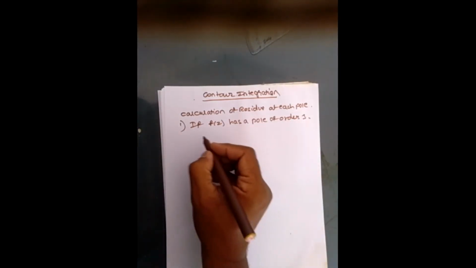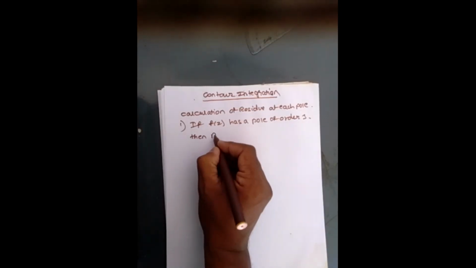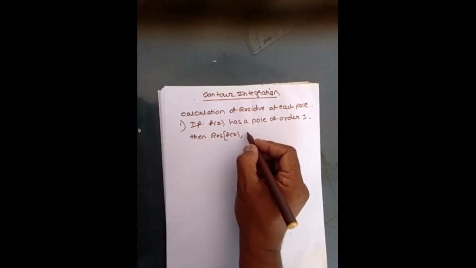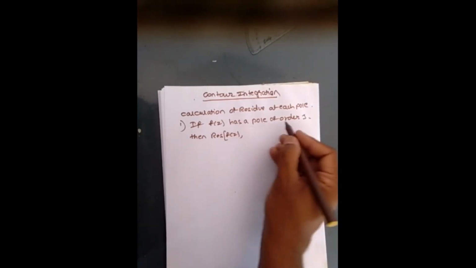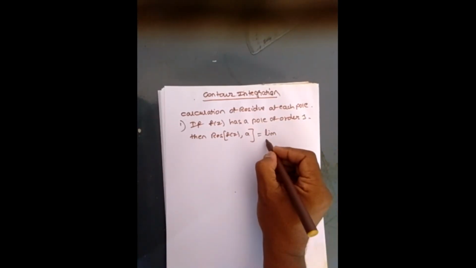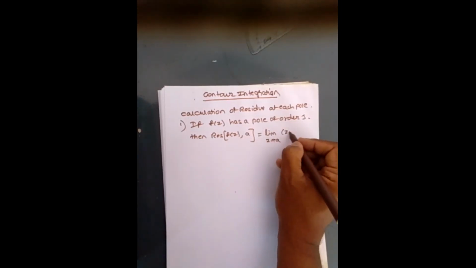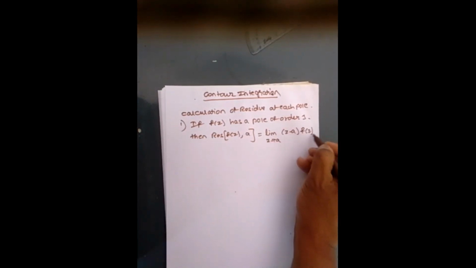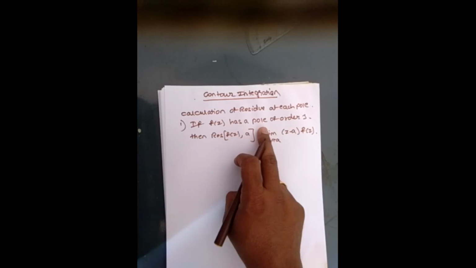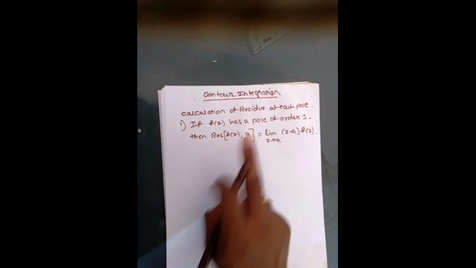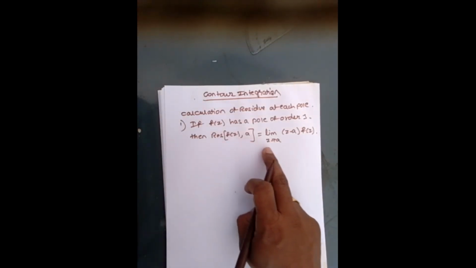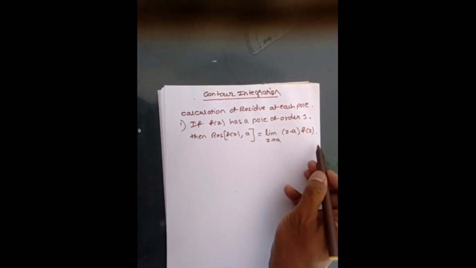Then the residue of f of z at a is equal to the limit as z tends to a of z minus a into f of z. If f of z has a pole of order 1, say the pole is a, then the residue of f of z at a is calculated using this formula.